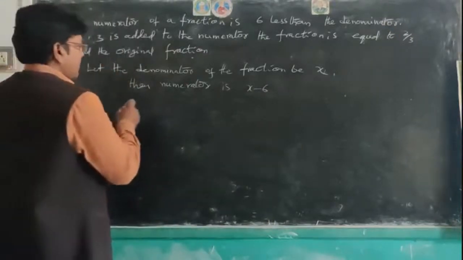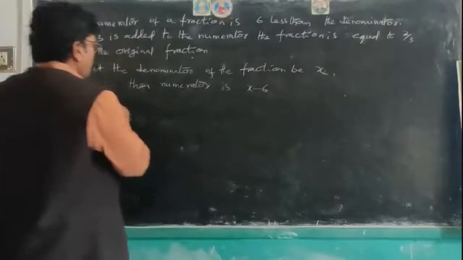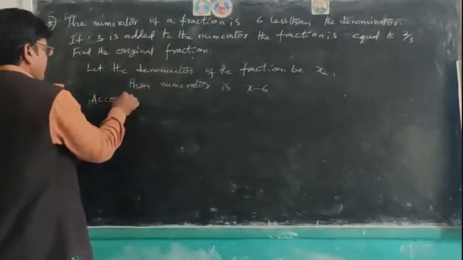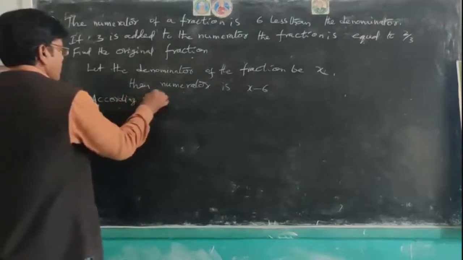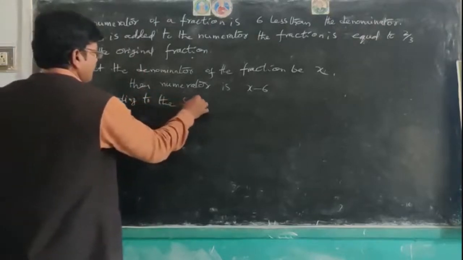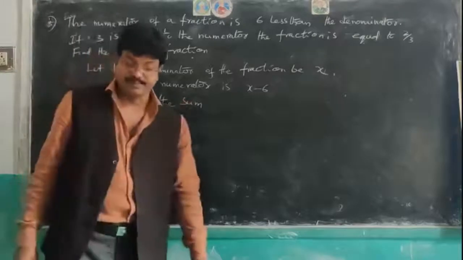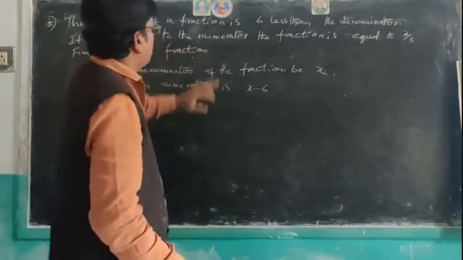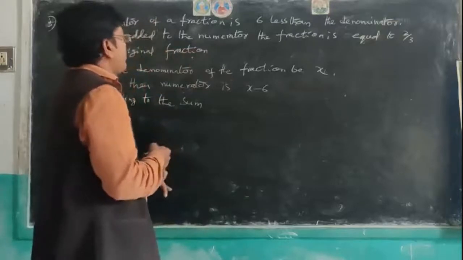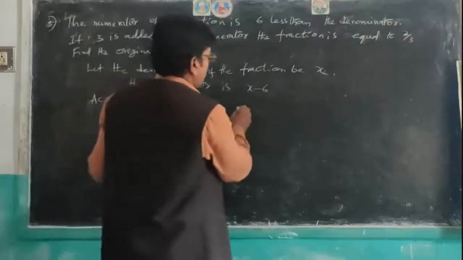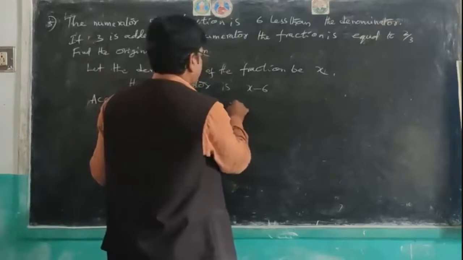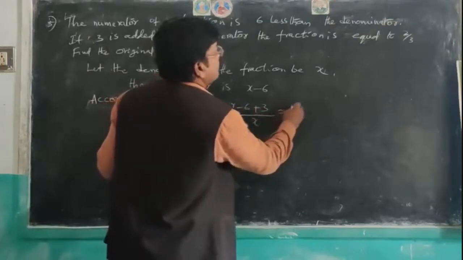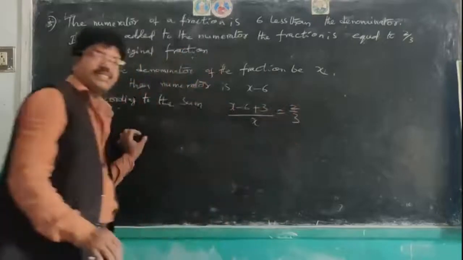Therefore, the fraction is (x minus 6) by x. According to the problem, if 3 is added to the numerator, the fraction is equal to 2/3: x minus 6 plus 3 by x equals 2/3. That's it.